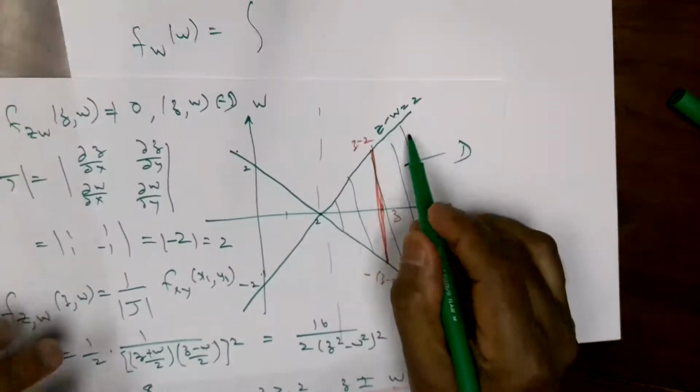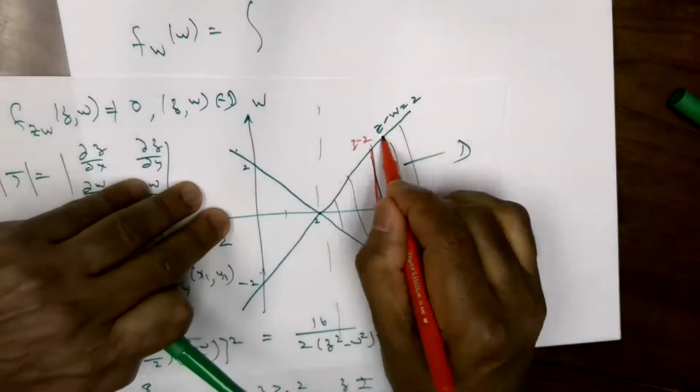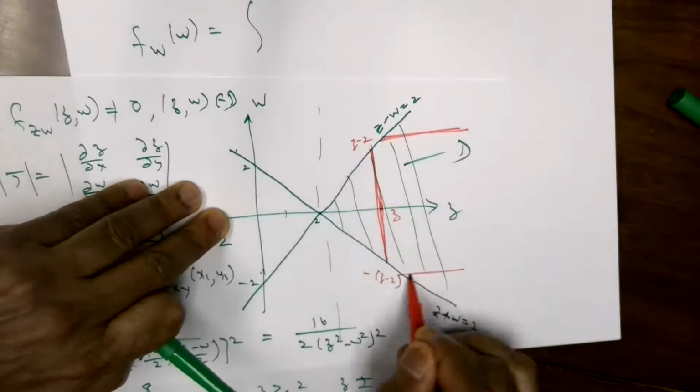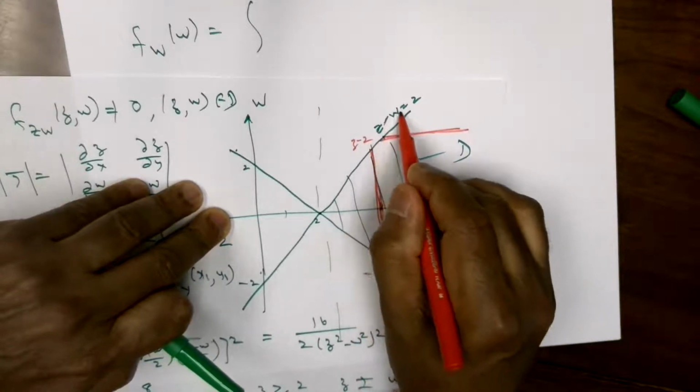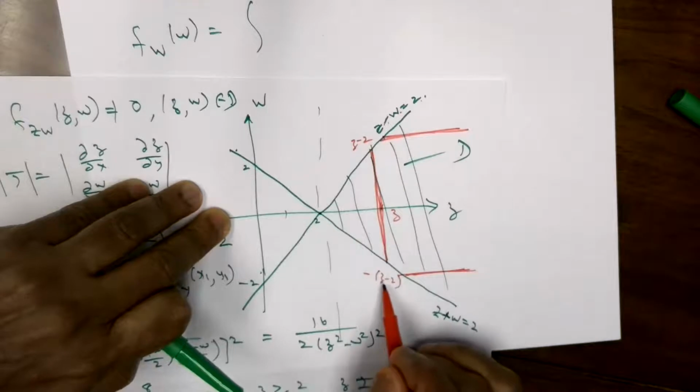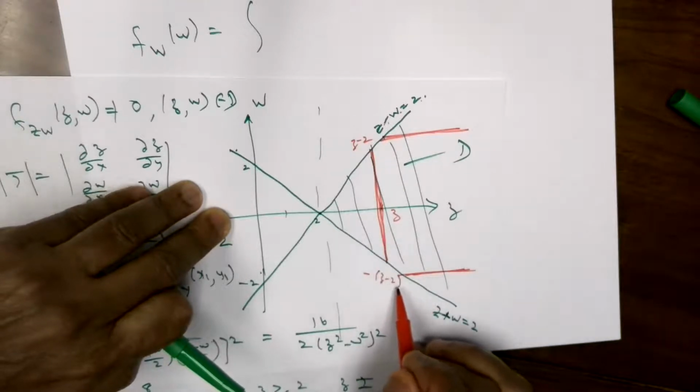When W is positive, you integrate in this region. Z goes from 2 plus W or 2 minus W.